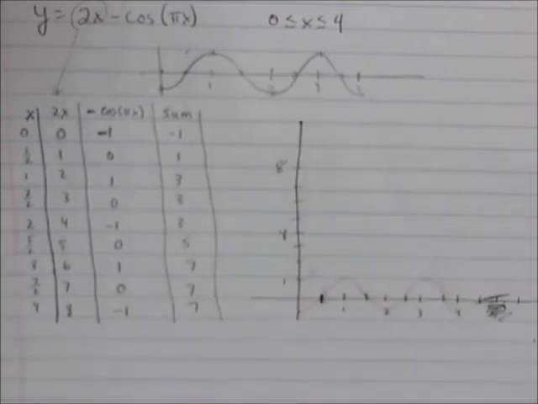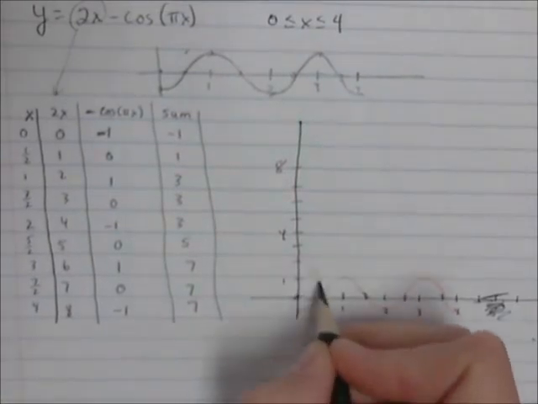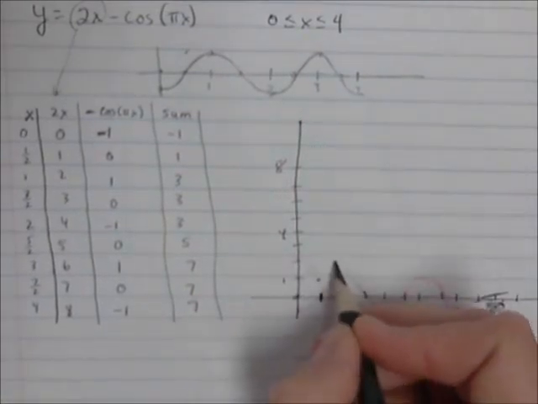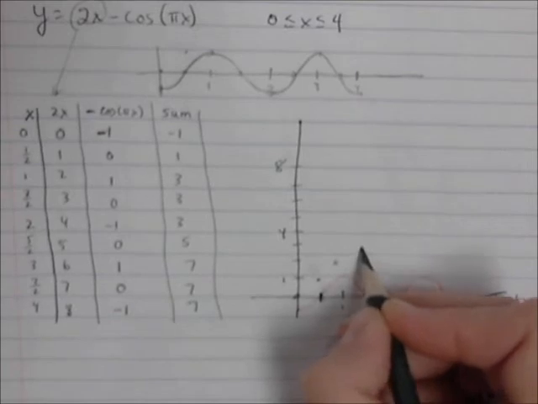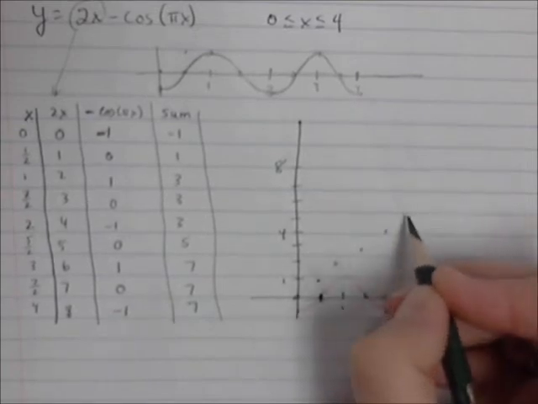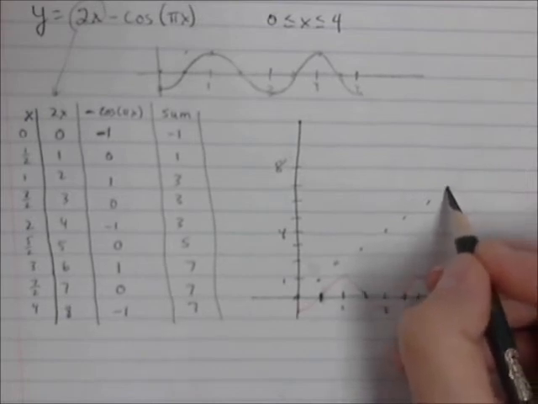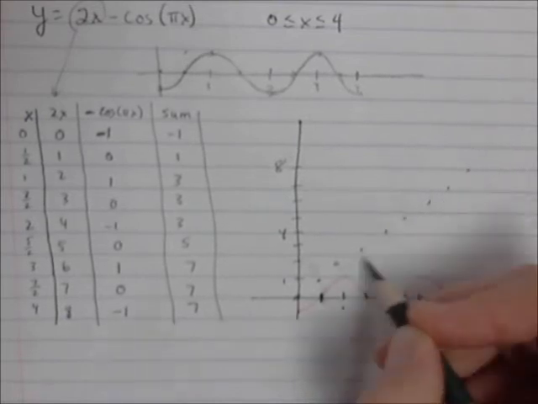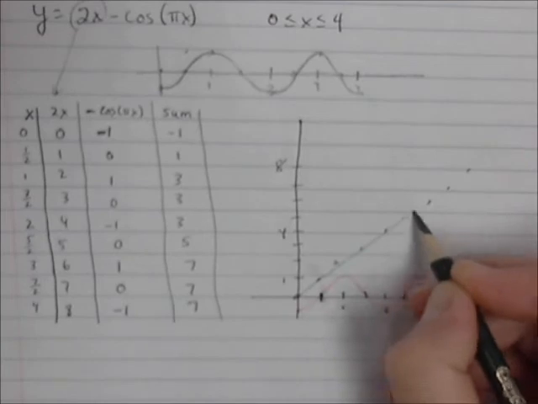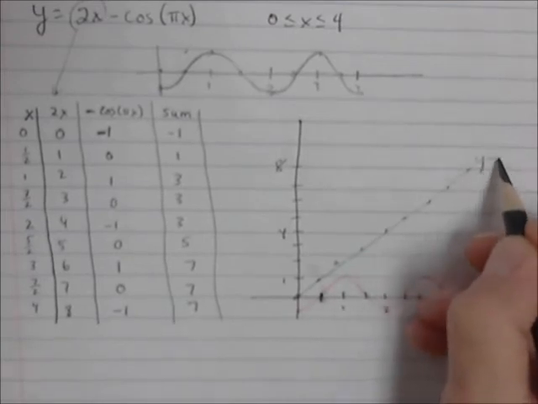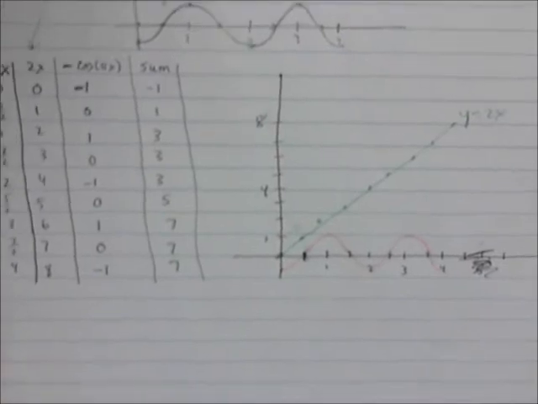And y equals 2x: 1, 2, 2, 4, 3, 6, and 4, 8 is the last point. So this is y equals 2x. And then the sum of those two will be these xy values.